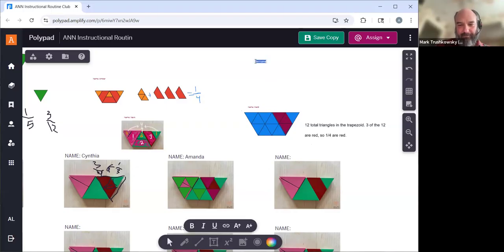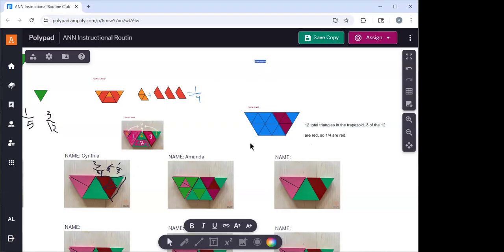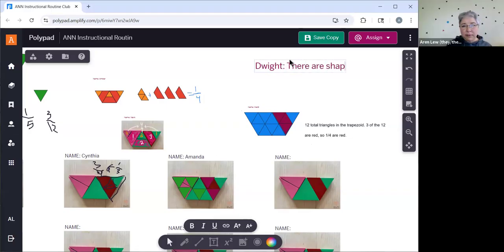Rather than looking at the area or the volume of the shape, you just count the number of shapes. And I will guarantee you, some students will answer it that way, and that's how I answered it. There are 5 shapes, and one is red.